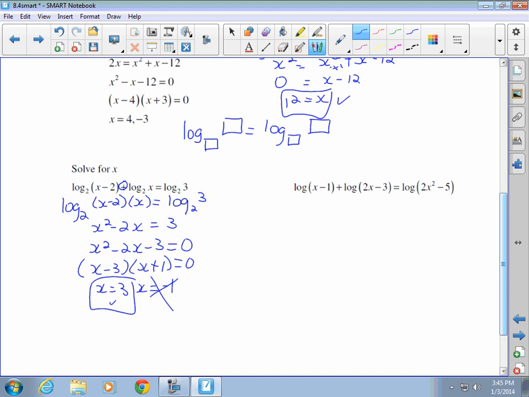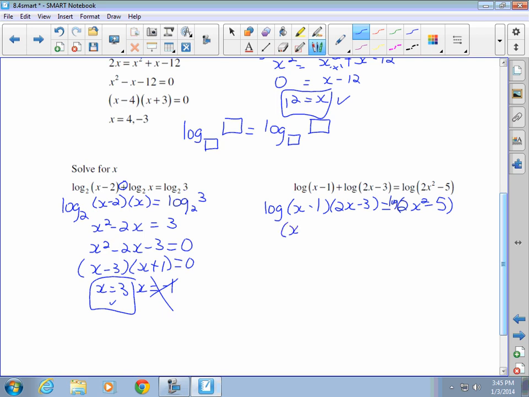So now I can apply my rules. So if I'm adding here, that means I'm going to be multiplying. So I have log of x minus 1 times 2x minus 3 is equal to log of, sorry, 2x squared minus 5. So now I can drop my logs.